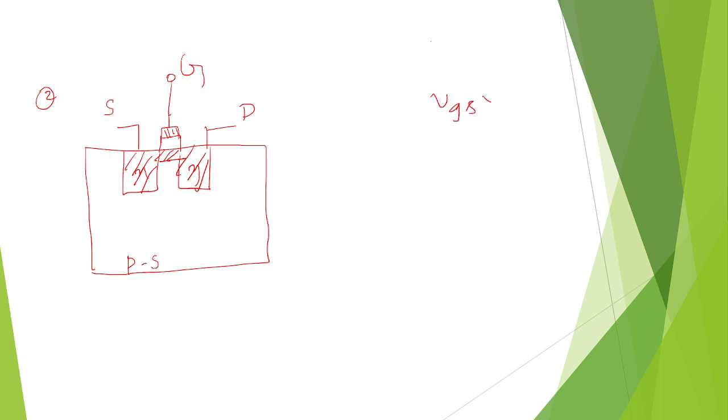Now VGS is sufficient. I am assuming VGS is 1 volt applied, and VT we know is 0.6 volts for silicon, the threshold voltage for the transistor. So when VGS is greater, the depletion layer will start to decrease, and current starts to flow from source to drain. But in the second case, VDS is less than or equal to VGS.